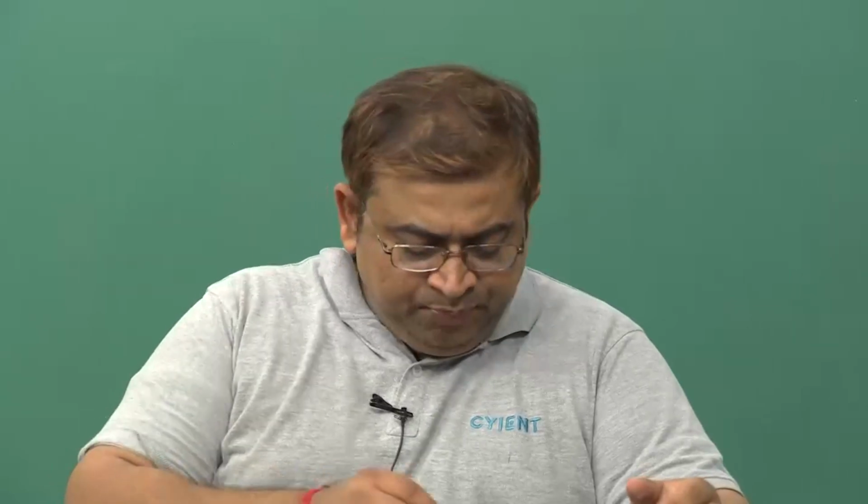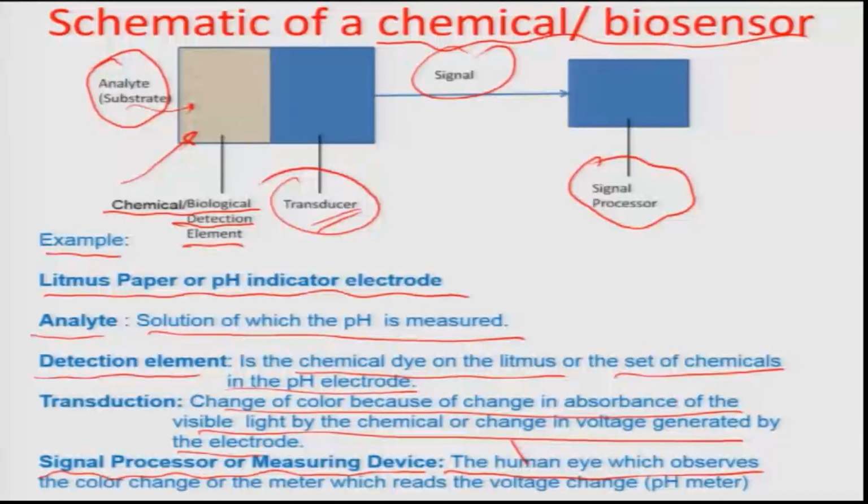But this is how you record with the simple litmus paper: the dye on the litmus paper is the recognition element, the dye changes color, which is made visible to the eyes, and the eye being the recording device makes the whole sensory system sense the hydrogen ion concentration.